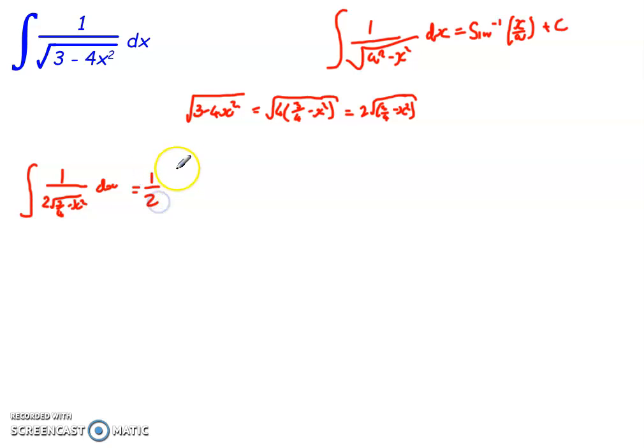So I'd end up with 1 over 2 times the integral of dx over square root of 3 over 4 minus x squared. So now I just have to equate, find my a from that, and I can use my standard form. So equating them both together, I get that a squared equals 3 over 4. So a is equal to the square root of 3 over 4, which is equal to root 3 over 2.